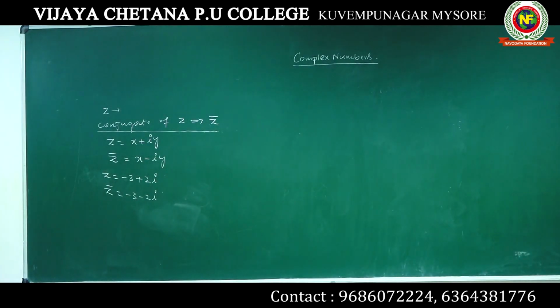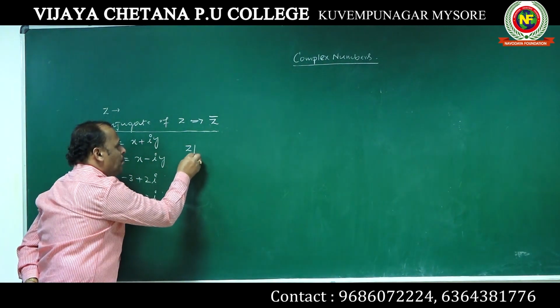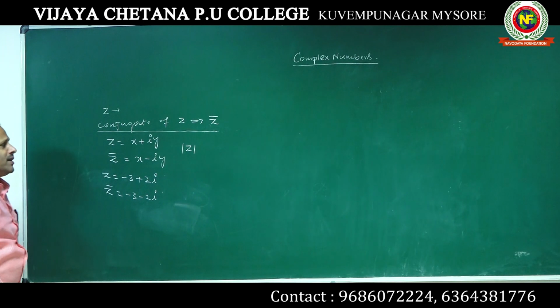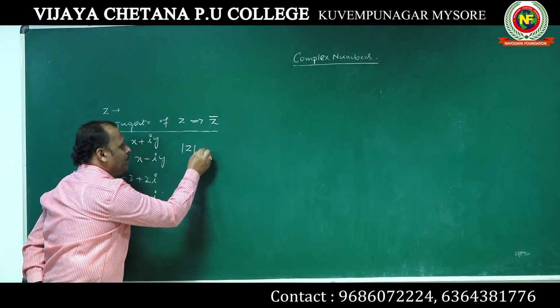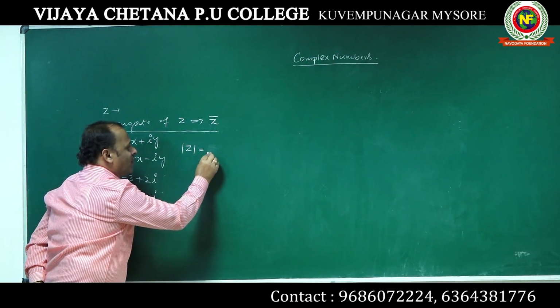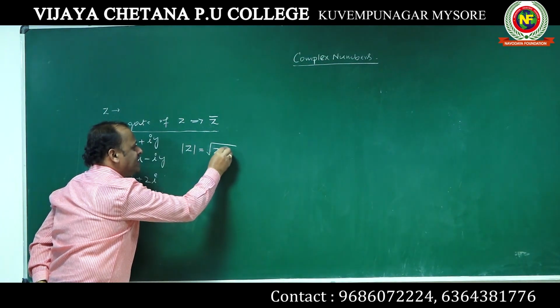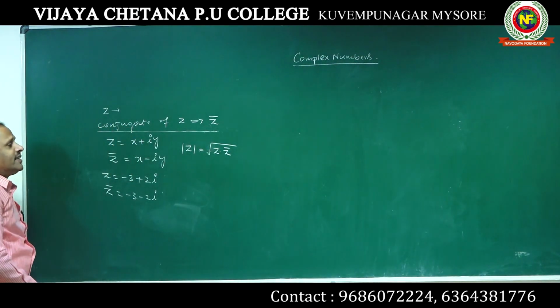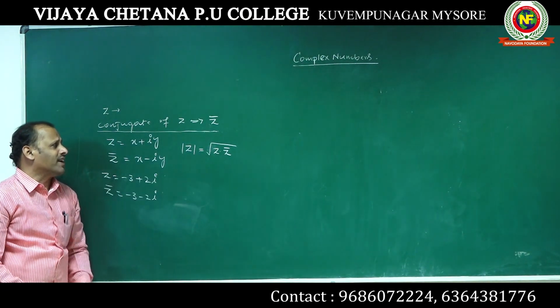Next, modulus. Modulus of the complex number. This is the modulus form. The modulus of the complex number is the square root of z into z bar, that is the complex number into the conjugate of the complex number.